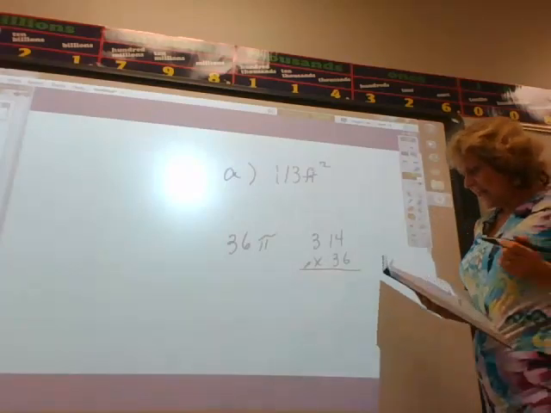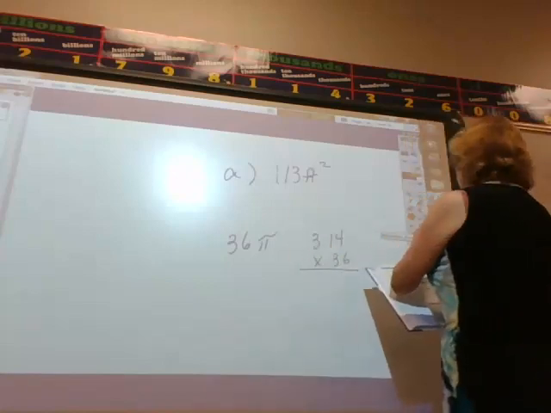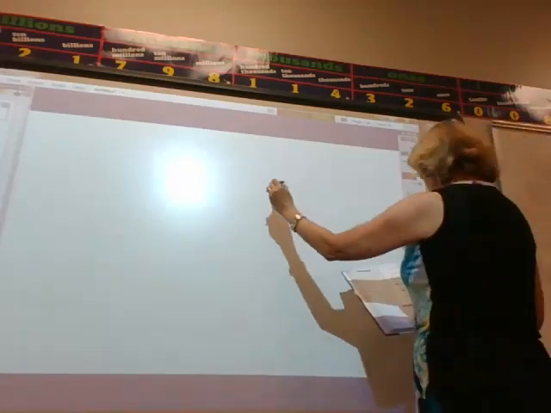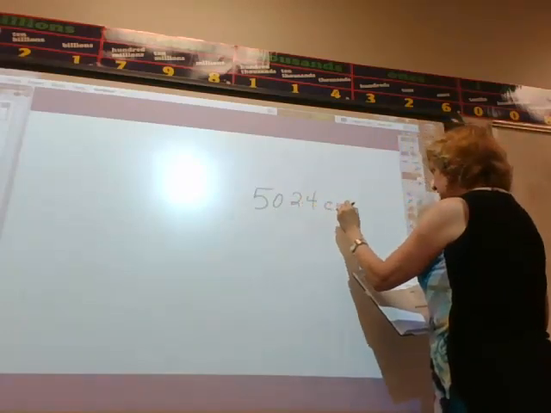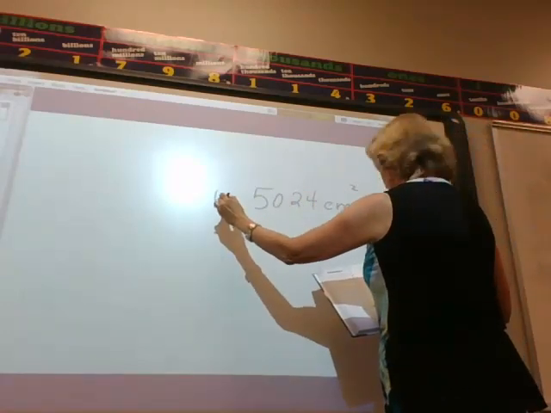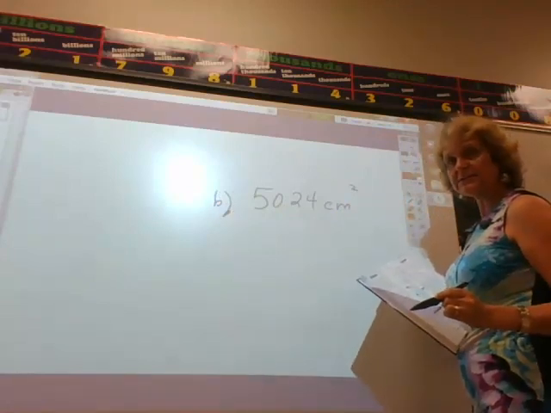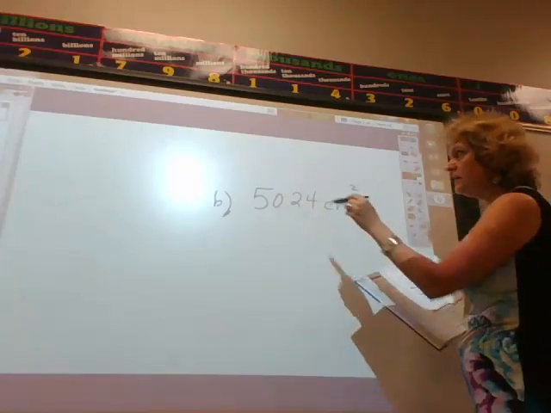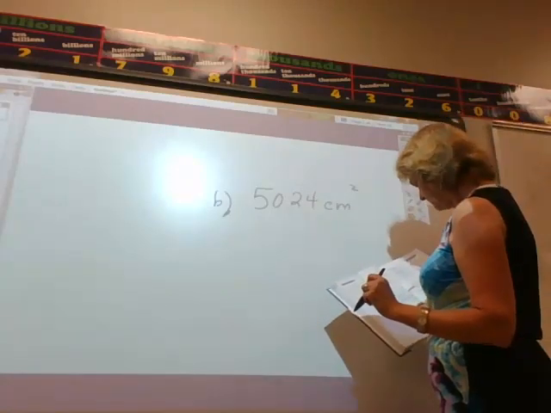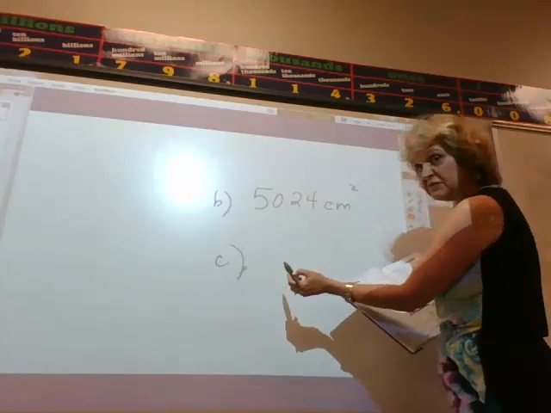Then for choice B, you should have 50.24 centimeters squared. That diameter was 8, so you go 4 for your radius, square 4, 16, multiply by 3.14, get your answer.